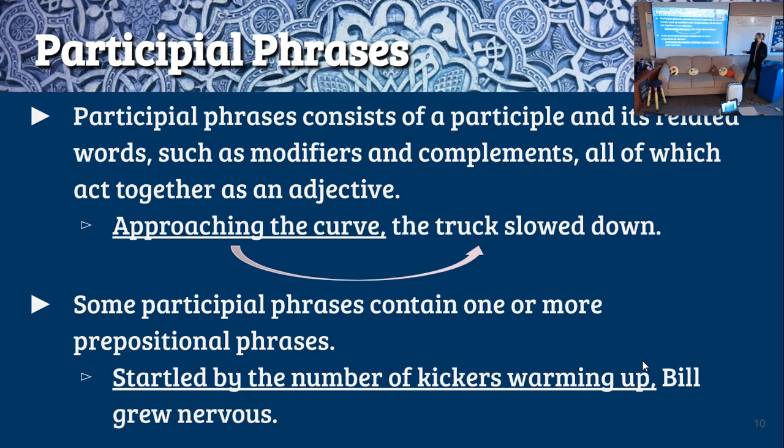Both of those prep phrases are giving us more information about why this person was startled. The whole participle phrase is functioning to modify what word, Ashton? What word is this participial phrase modifying? Bill. Right? It's giving us more information about the subject of our sentence, Bill.